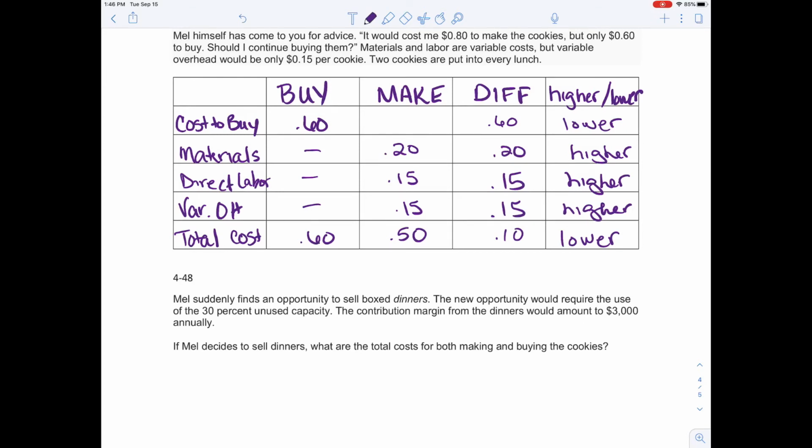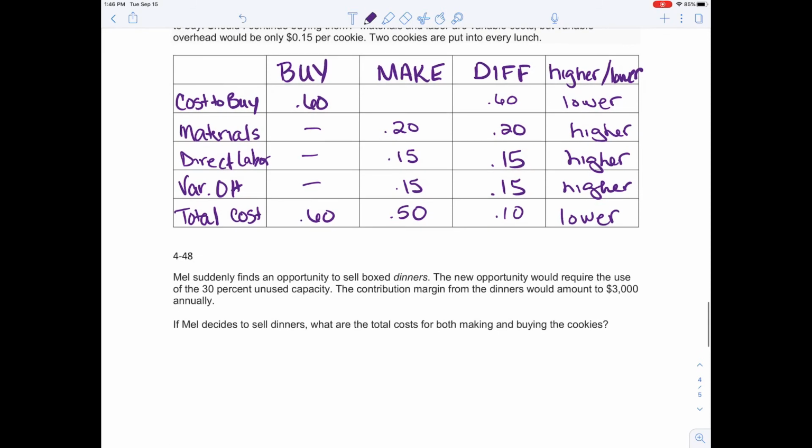So if they decide to sell these dinners, what is the total cost for making and buying the cookies? This comes into play because that 30% of unused capacity could only be used if we buy the cookies, right? So that means that this $3,000, if we want to make the cookies, is an opportunity cost.